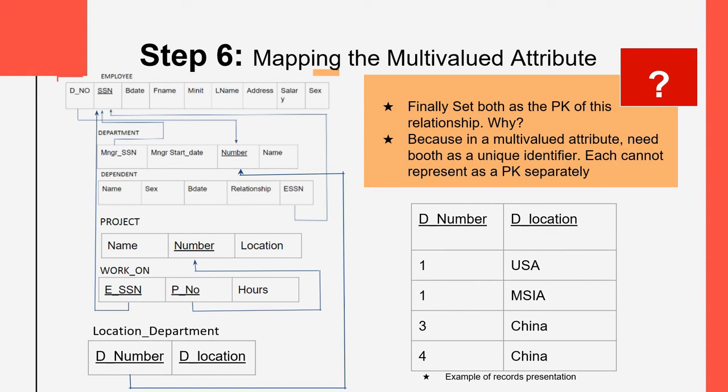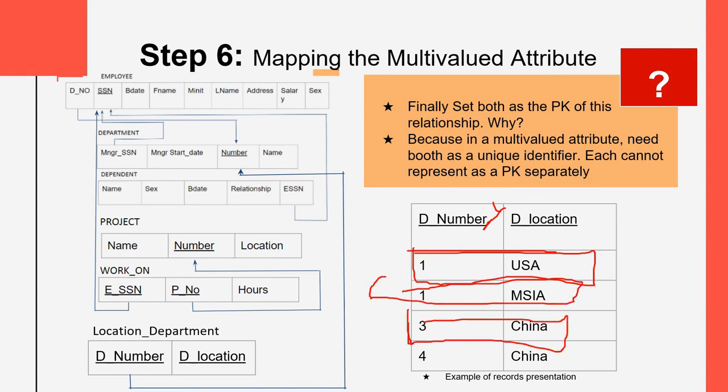So both of them cannot be only either of them as a primary key because we want to make it unique. So we have to combine them. Therefore, it will be a unique combination. That's why we cannot represent PK separately.